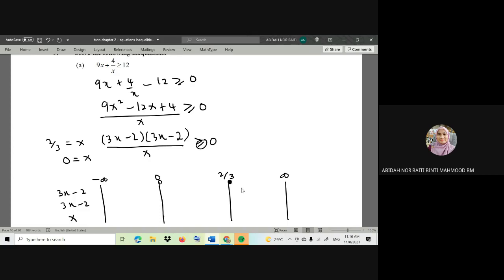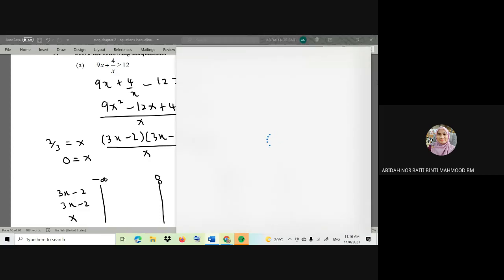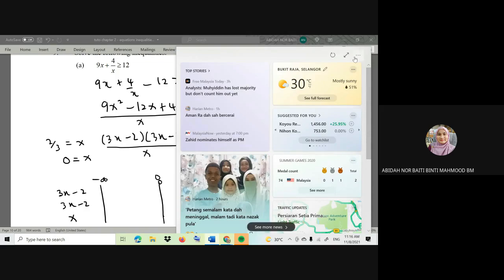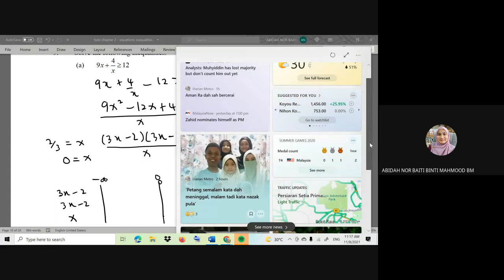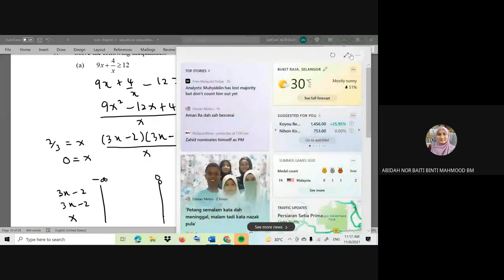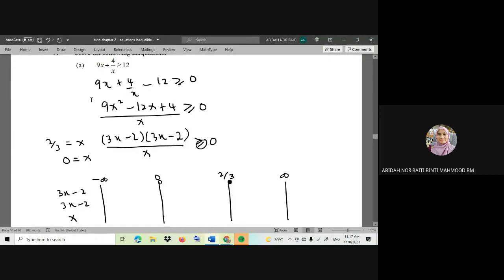Bolehlah letak sign dia. Bolehlah kamu letak sign dia positif, negatif, negatif, positif, negatif, negatif. Here is positive, positive, and negative.